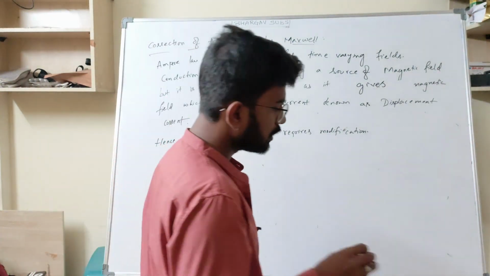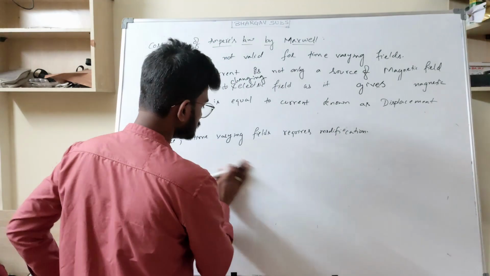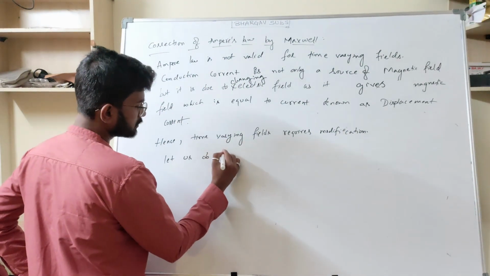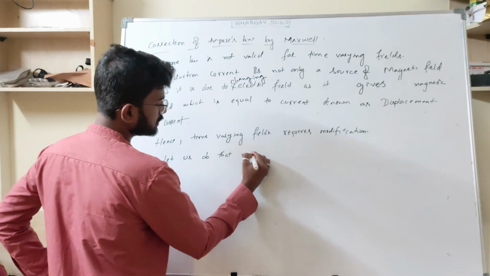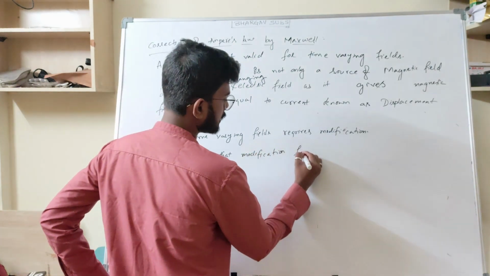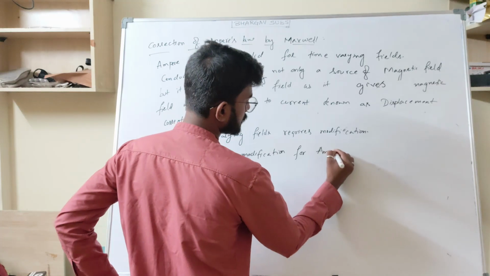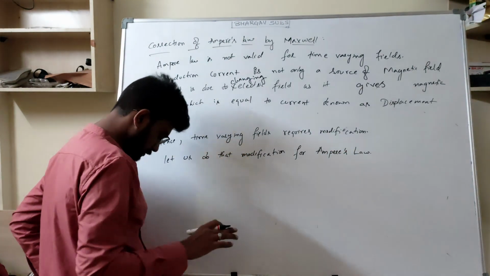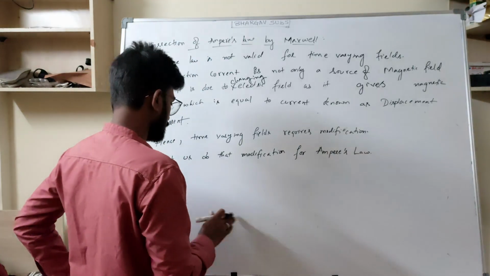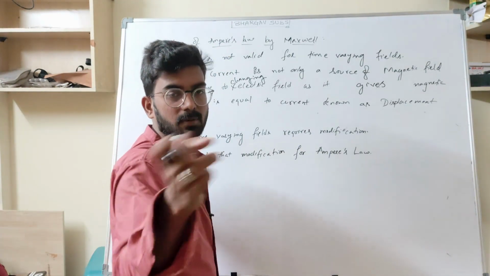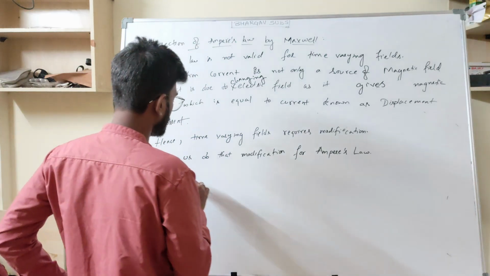For the modification of Ampere's law, what do we have to do? I have to take the equation of continuity. In a previous video I discussed the equation of continuity.